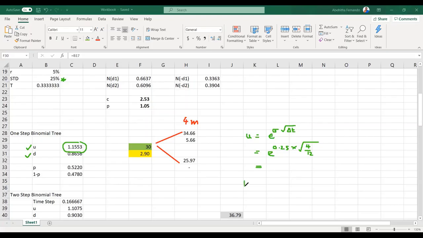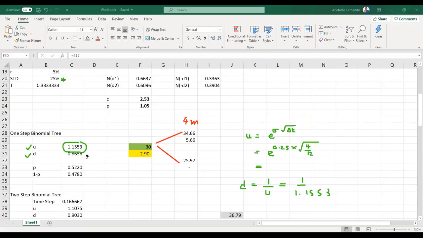To get the value of D, we can take 1 divided by U, or 1 divided by 1.1553. If you do that, you will get the D value.